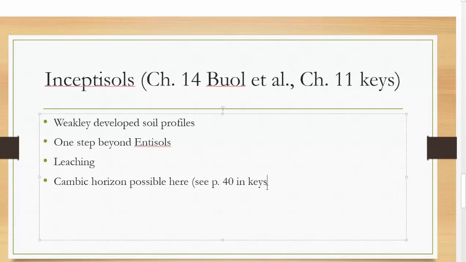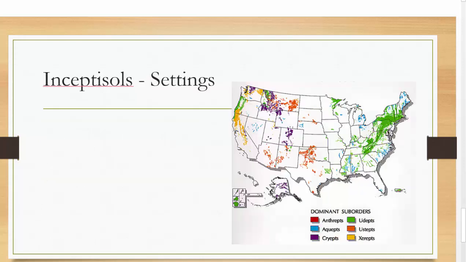It's also important to look at page 40 in the Keys because some other diagnostic subsurface horizons can come into play here. If we look at the settings and the dominant suborders of inceptisols, the one that is not included on this list is the gelept.